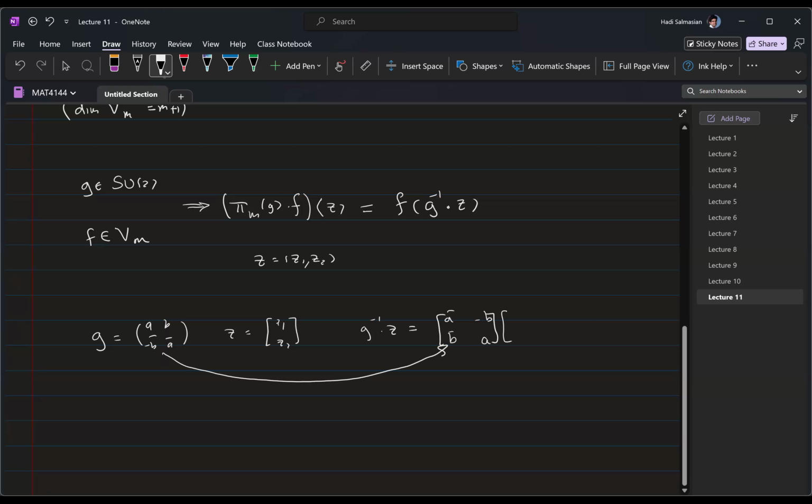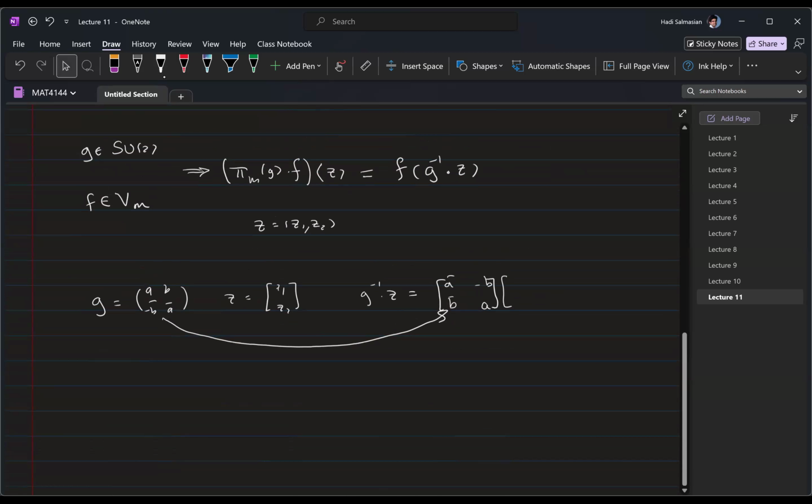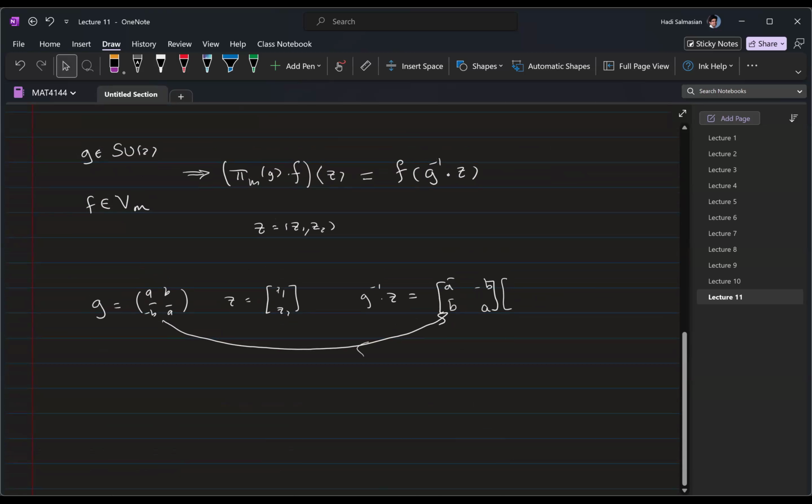You see that the product of this matrix and this matrix is going to be the identity matrix because of this relation, absolute value of a squared plus absolute value of b squared equals 1. And z is just this z1, z2. You end up with this formula, a bar z1 minus b z2 and b bar z1 plus a z2.